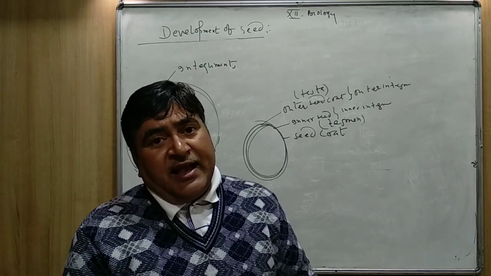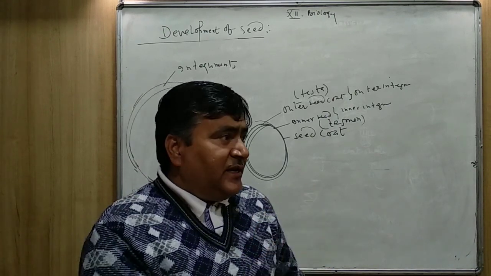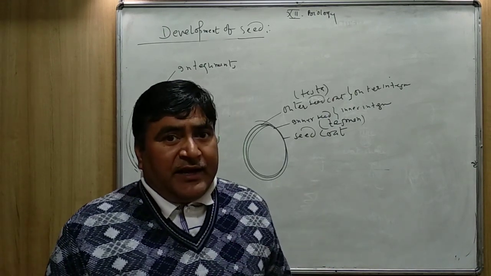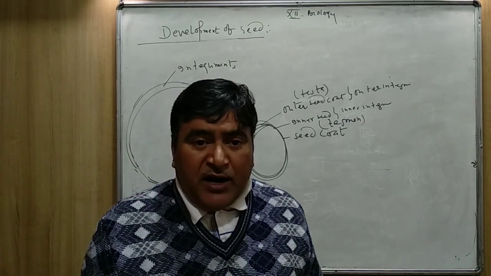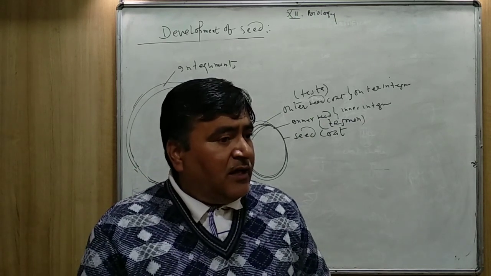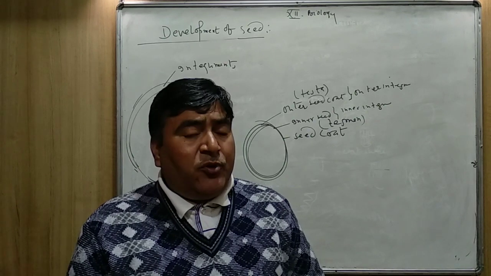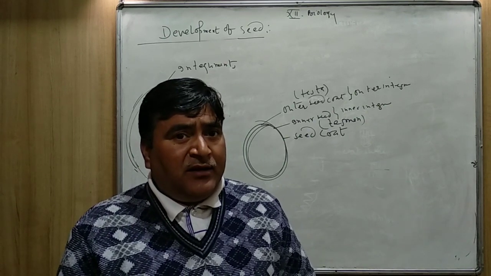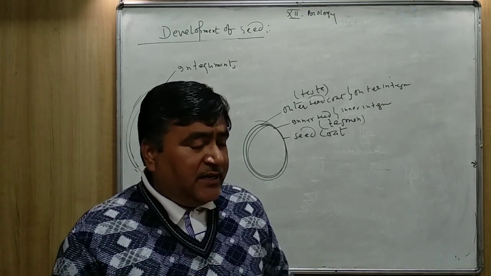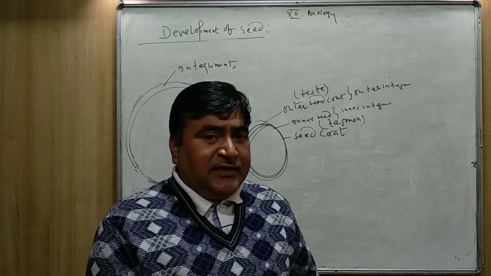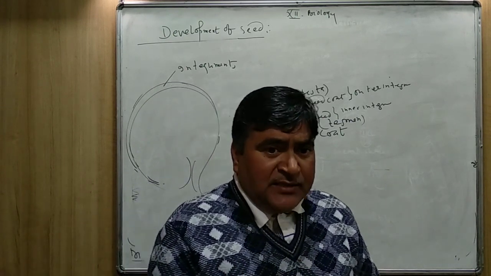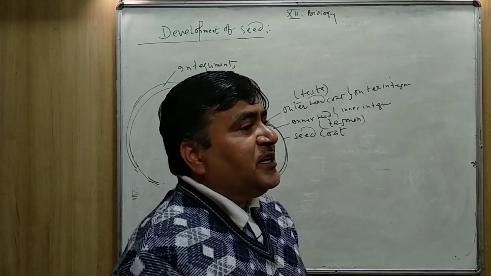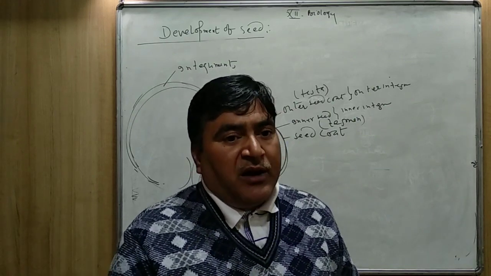When the seeds are carried from one place to another, the seed can germinate into a new plant, and seed acts as the propagule. I am telling you the functions of the seed. Seed acts as the propagule, means the structure which can produce the new plant.